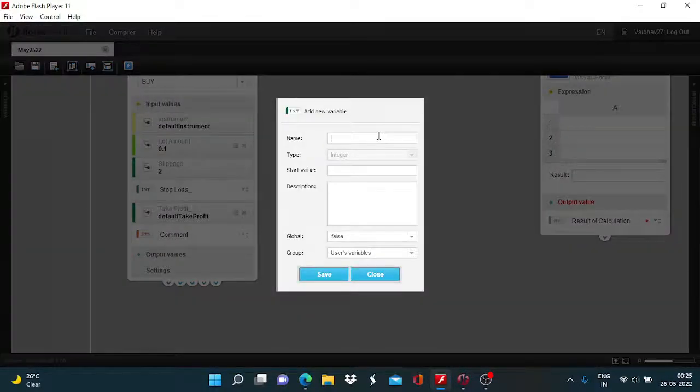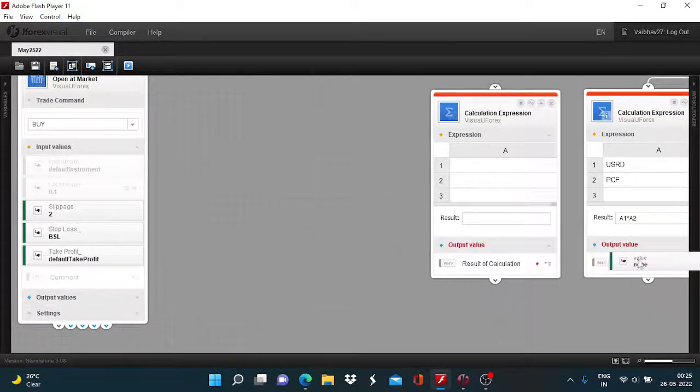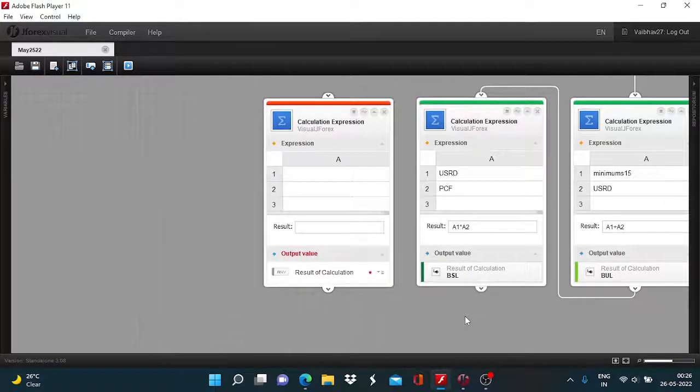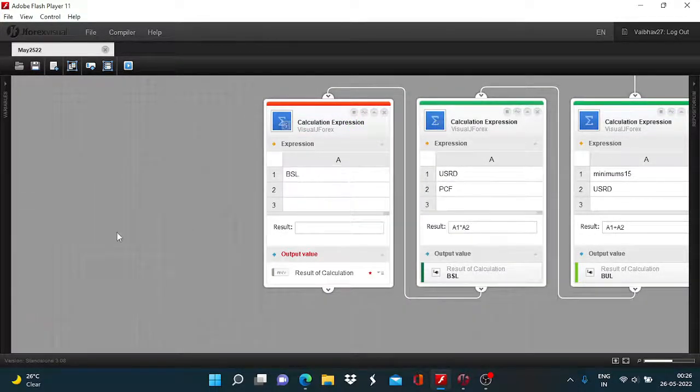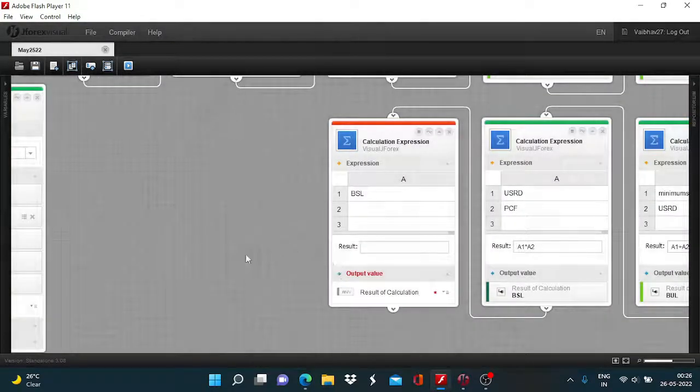I will name it BSL, its value will be derived from this calculation. Okay, and whatever is the stop loss, price of it will be the take profit. So I will just multiply it with 2. That's it. And we arrive at the desired value of take profit.